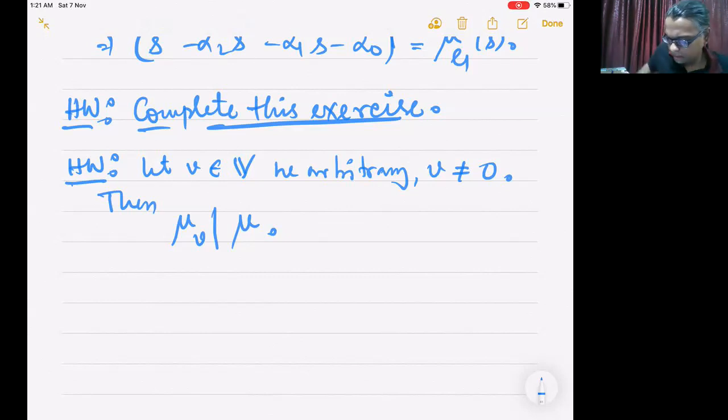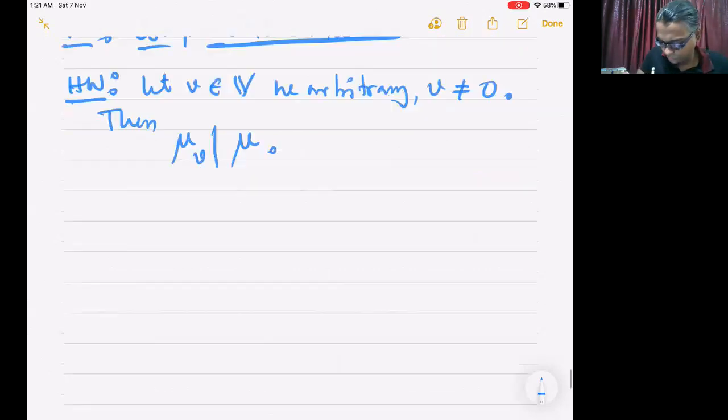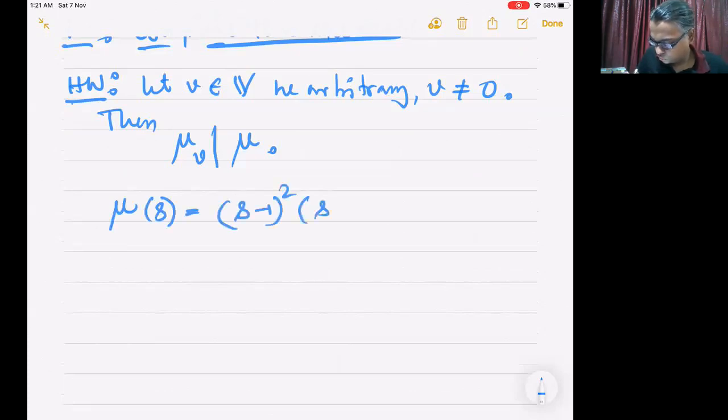Let us put this in perspective. Suppose the polynomial mu(s) happens to be (s minus 1) whole squared into (s plus 2) into (s minus 3). Then for a given vector, what could be its minimal polynomial?